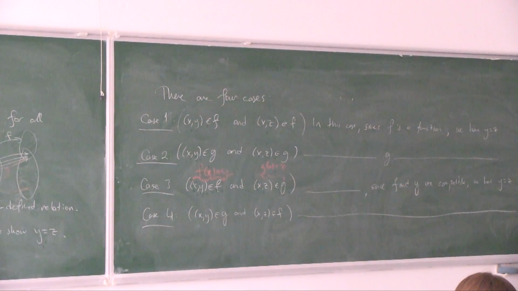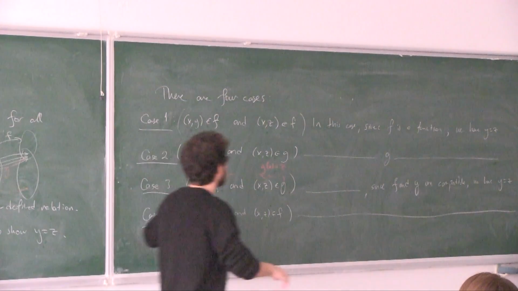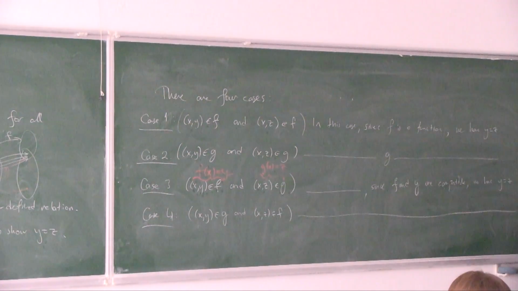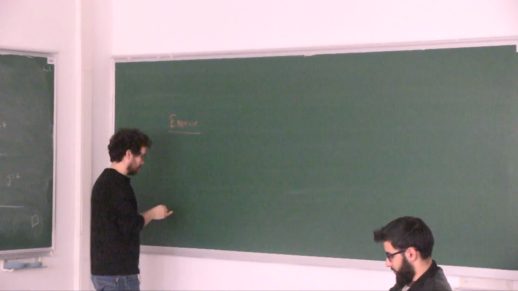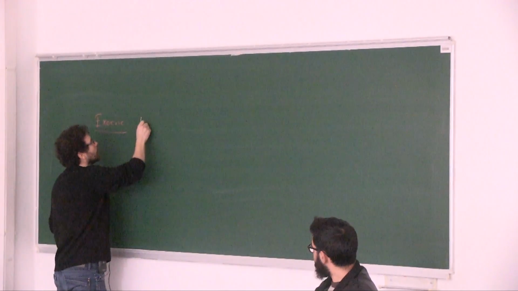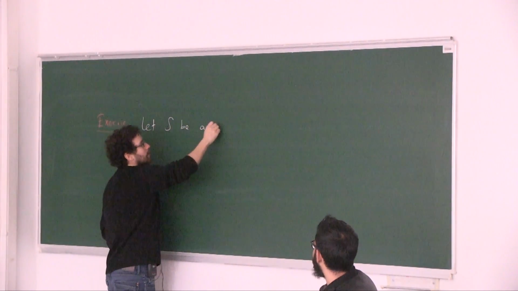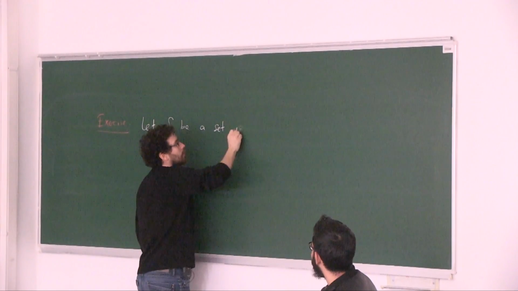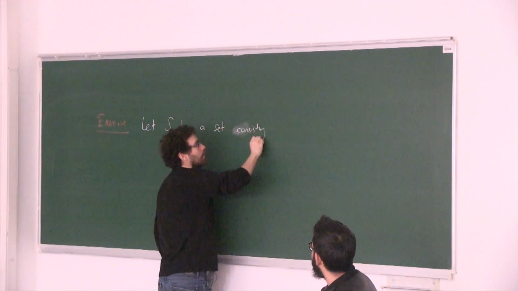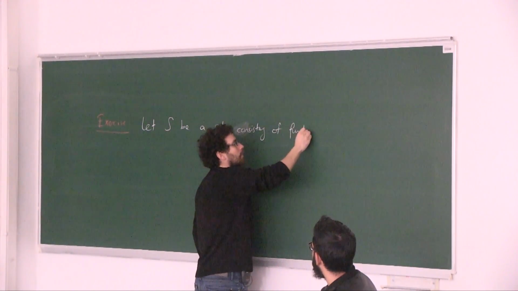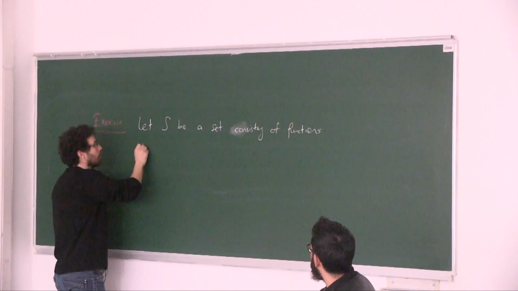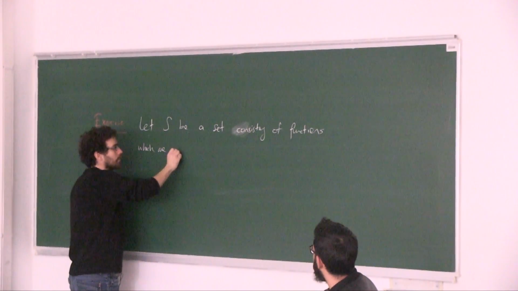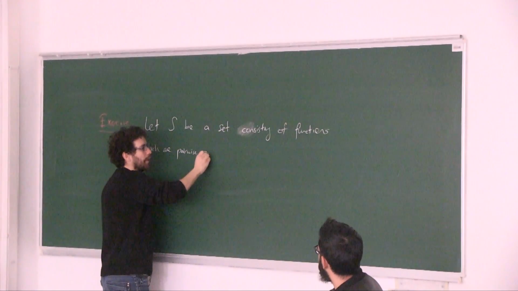No. Now, I'll assign you an exercise now that I did this. Let me assign it over here. Let S be a set consisting of functions which are pairwise compatible.